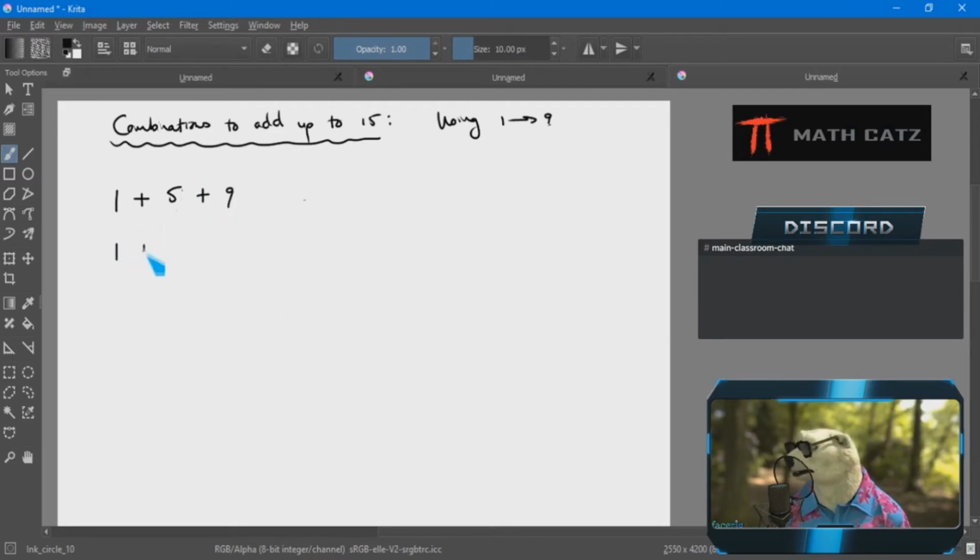Then I'll try and keep the 1 for as long as I can. Then update the second number to the next one in line, which is a 6. That gives me 7 so far. An 8 would get me to 15. Try and keep the 1 so that I reduce it to a smaller combination. Next one in line is 7.